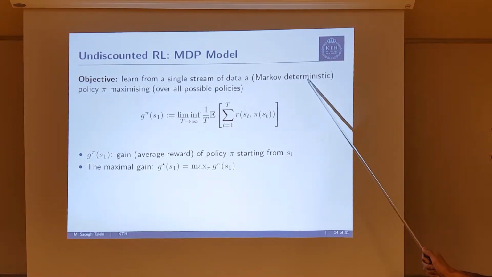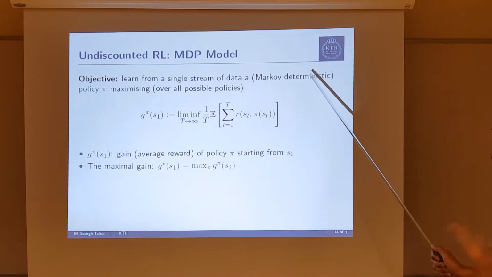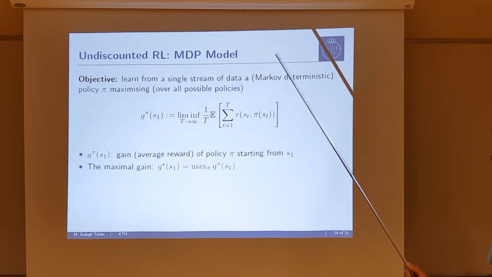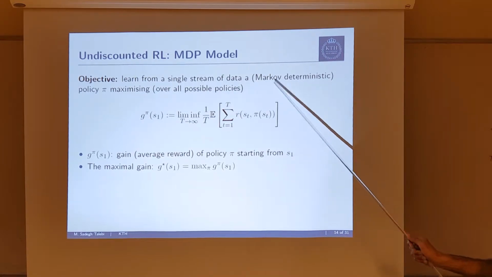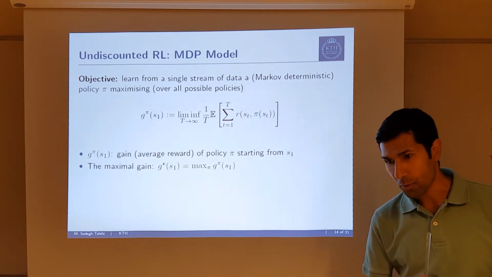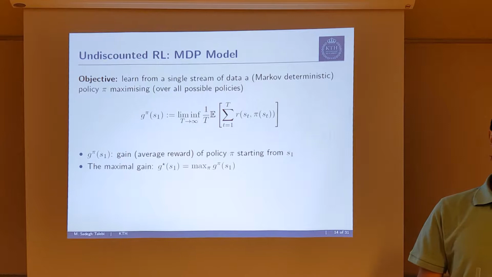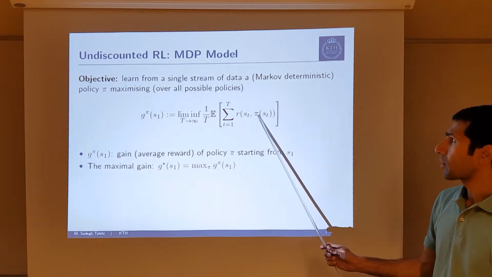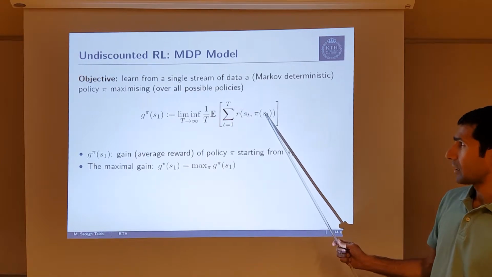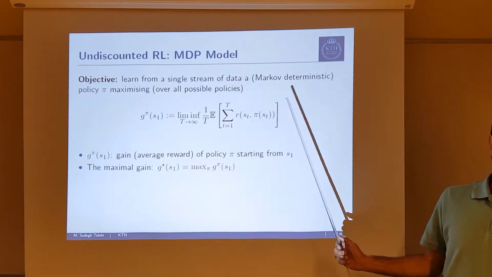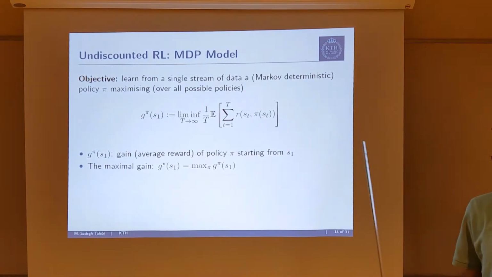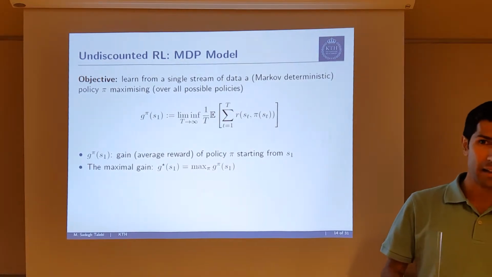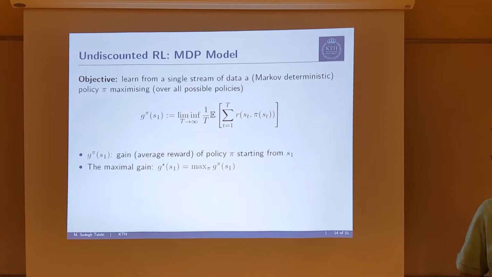A Markov deterministic policy refers to the fact that it does not employ any randomization, and Markov refers to the fact that it does not require anything about history. A Markov deterministic policy is simply this: it takes as an input your current state and gives you the action. So it's simply a mapping, or a function, from state space to action space.